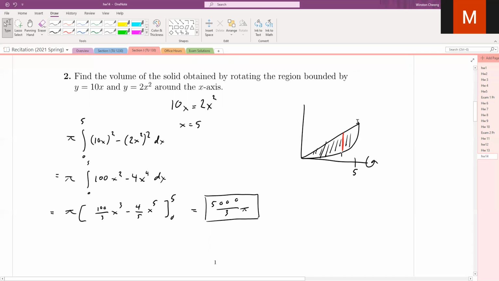So it's kind of like the outside, I guess, right? The outside. Yeah, you could think of it that way. If you treat this guy as outside and you treat the curvy one as the inside.